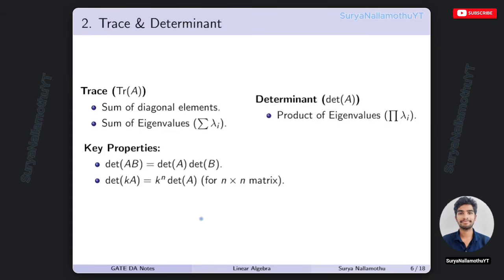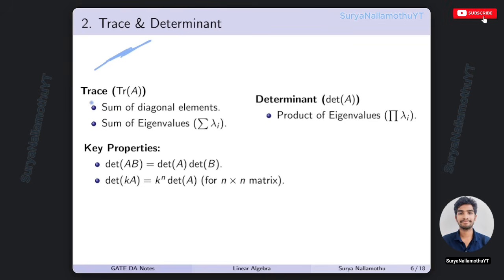Next, trace and determinant. Here this is very important. Listen to this topic very clearly, because 2 questions were asked on it in the previous 2025 exam. So you need to remember these points very well, then you will get a question at this point.